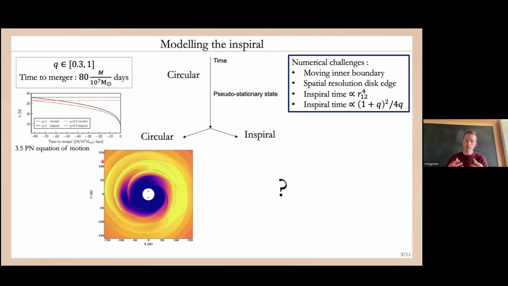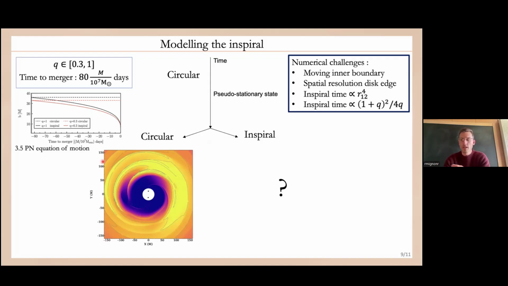There are different numerical challenges associated with this setup, in particular because we only have a metric that is valid in the circumbinary region, meaning that at the beginning we cannot model the fluid close to the two black holes. Therefore, as the two black holes approach each other, the validity region of the circumbinary disk space-time is getting closer and closer to the center of the grid, meaning that we need to activate grid cells on the fly as the inspiral occurs.